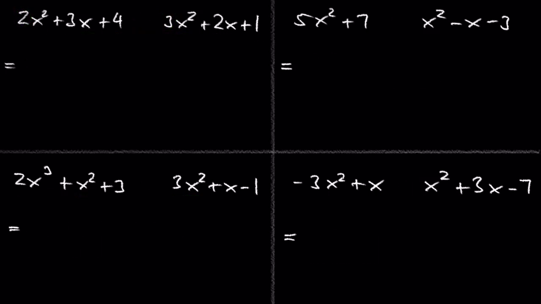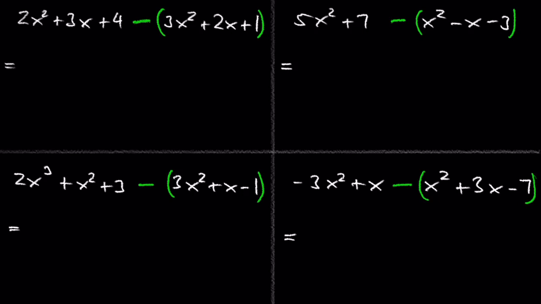Let's do the same examples with subtracting. The only difference when subtracting polynomials instead of adding them is to put parentheses around the polynomial which you subtract. The next step is to remove the parentheses with the negative sign in front.